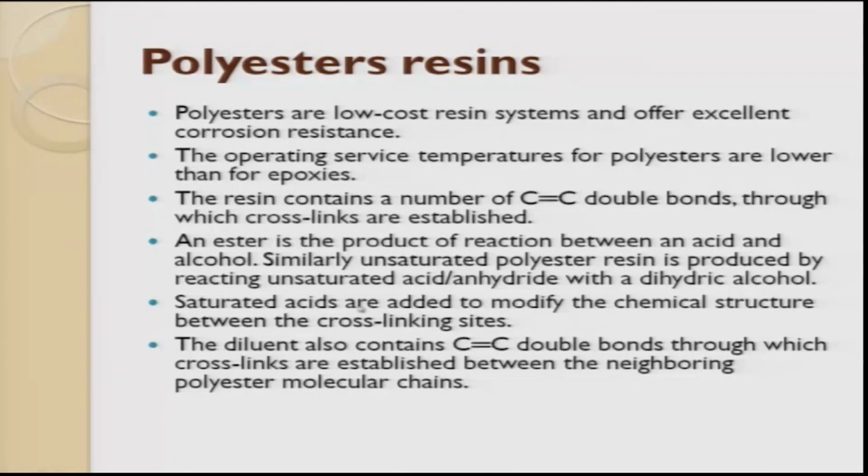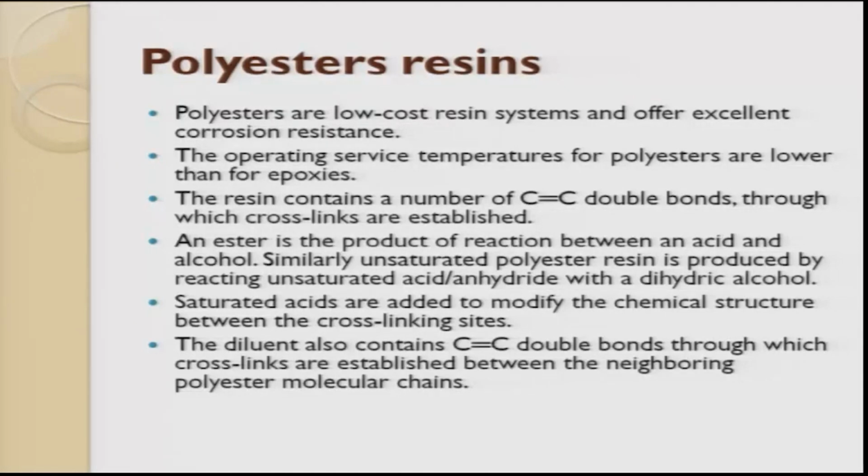The saturated acids are added to modify the chemical structure between the cross-linking sites. The diluent also contains C double bonds through which cross-linking is established between the neighboring polyester molecular chains, thereby making it stronger. This is how a polyester is manufactured, and how the polymer is cross-linked and the strength enhances.